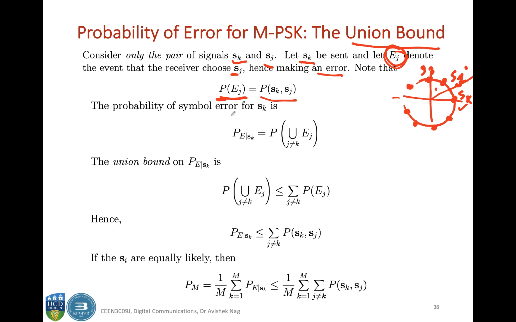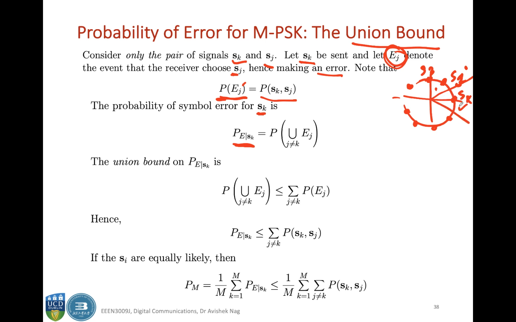So the probability of symbol error for Sk is therefore denoted as this, which is the union of all these Ej's. If you are transmitting Sk, then all the error events are counted like this.